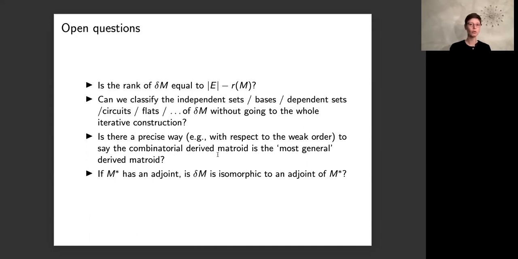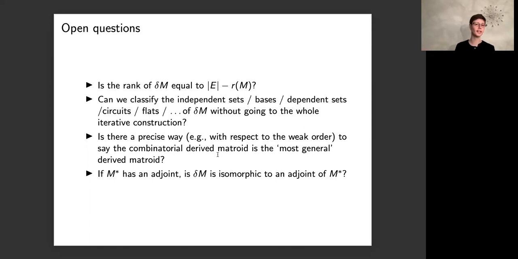So we have some small results towards saying that. For example, it can happen that with our combinatorial derived matroid we don't need to do all this business with closing under the dependence axioms, because the things that have to be dependent are already closed.